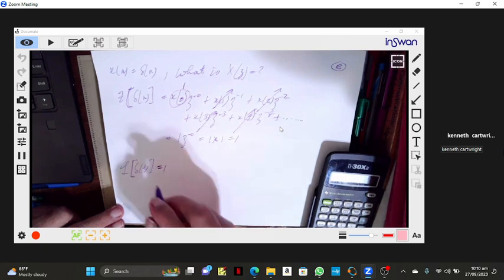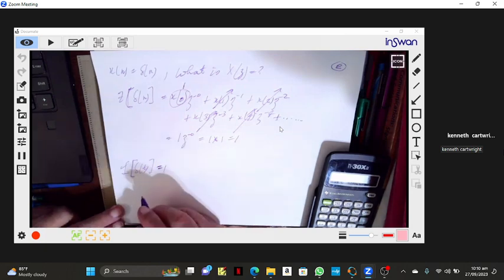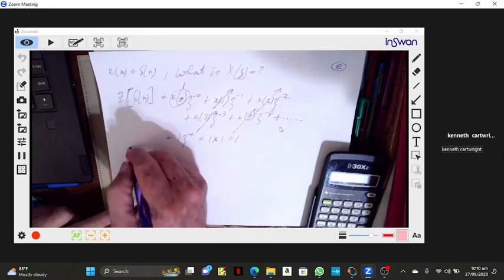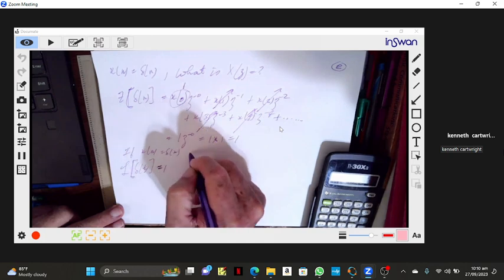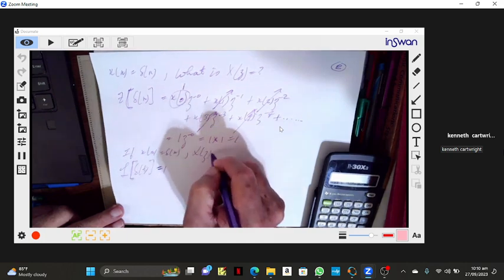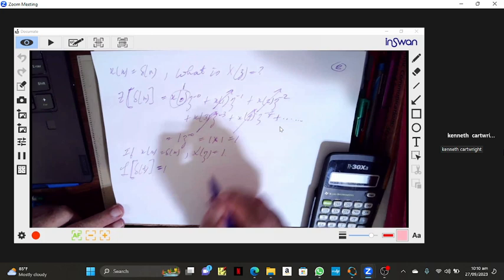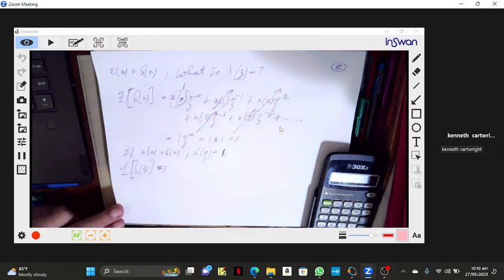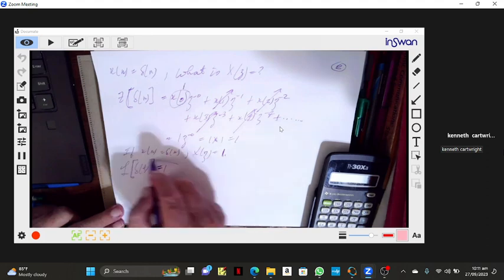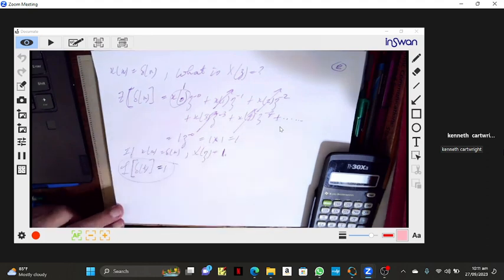So X of z, if x of n equals delta of n, X of z equals 1. This is your first transform, the same thing as in Laplace. Any questions about that?